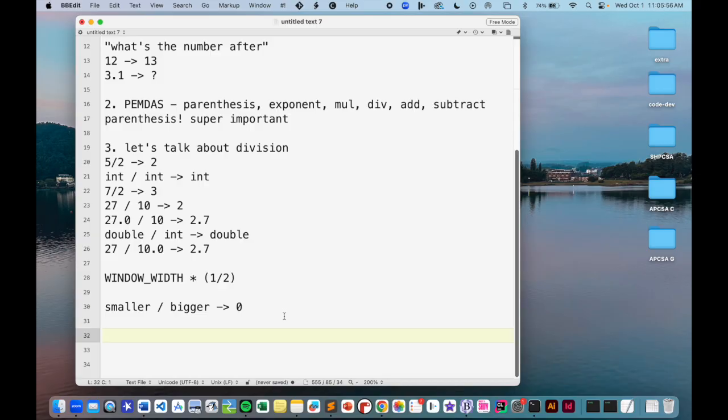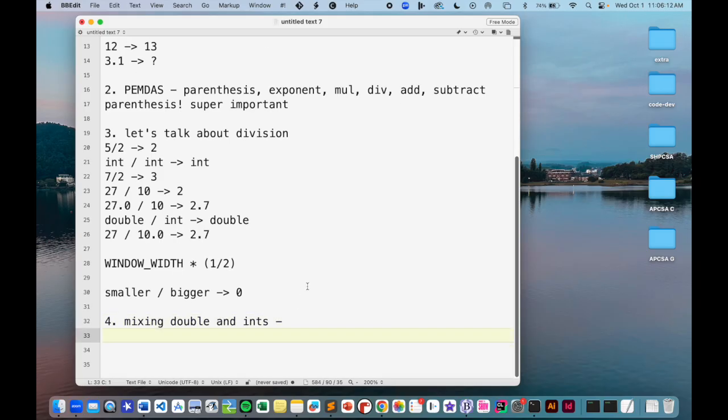Let's do number 4, which is mixing doubles and ints. The rule is when I mix doubles and ints, I get back a double. But it actually matters where I add in that double in my math.